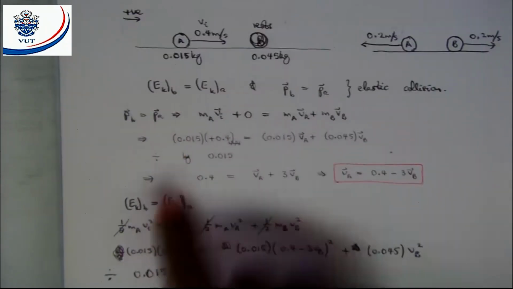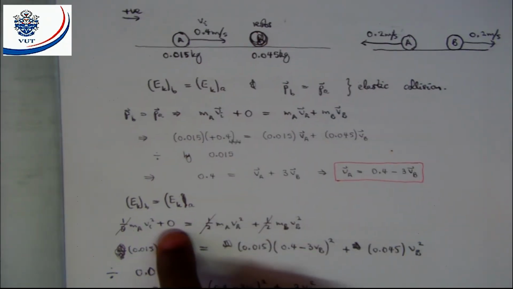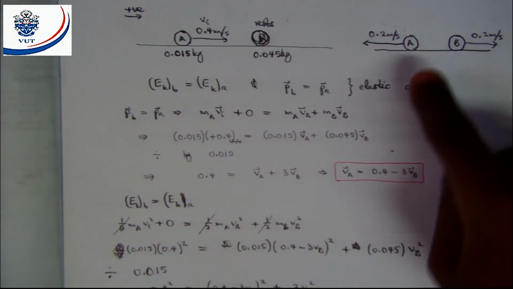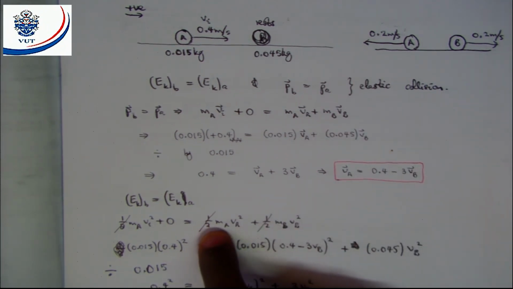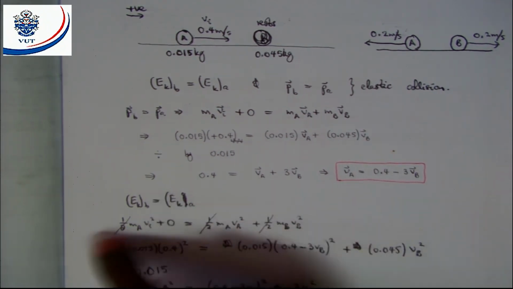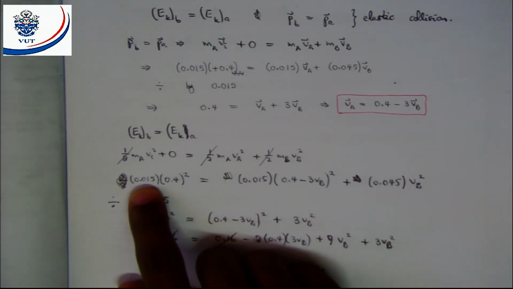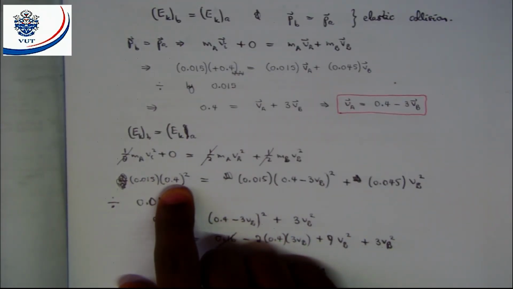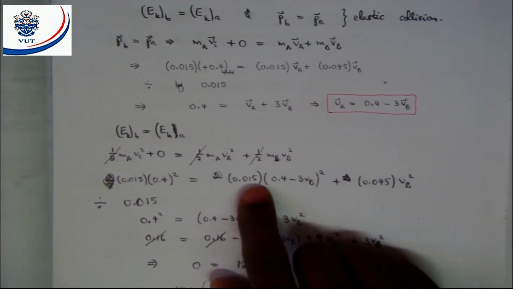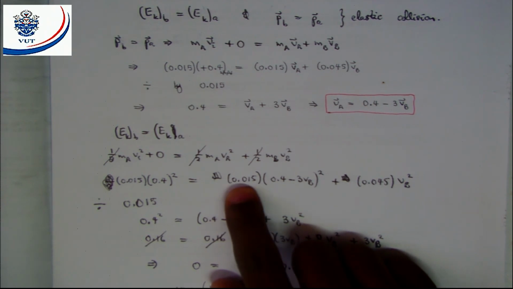B is stationary, so plus 0, and afterwards it's the kinetic energy of A and the kinetic energy of B. I've cancelled the halves, and for A the mass is 0.015 and there is the initial speed, don't forget to square. For A after, I've got the mass.